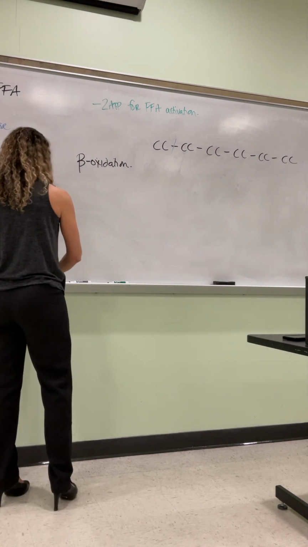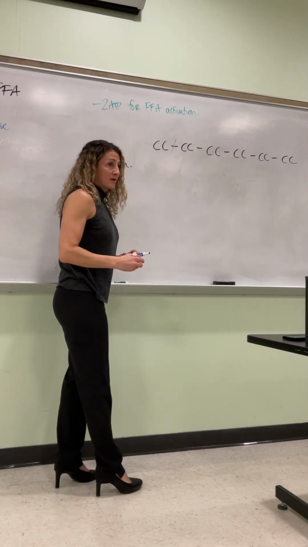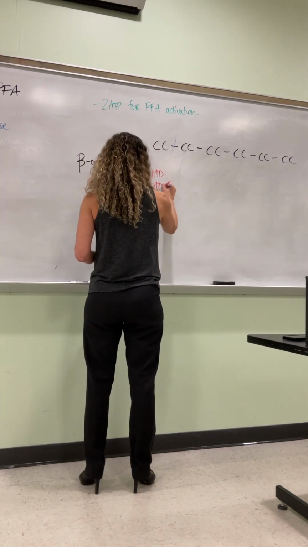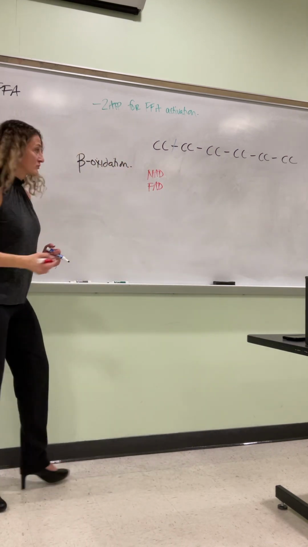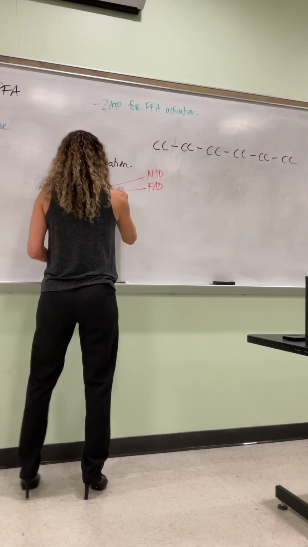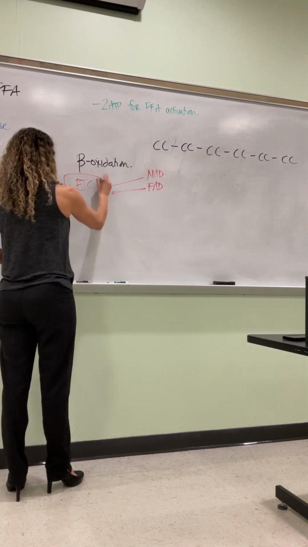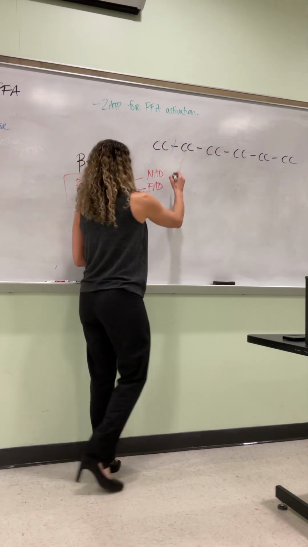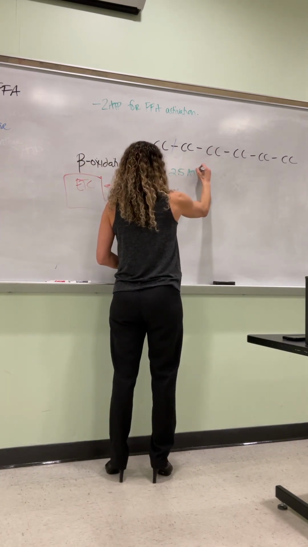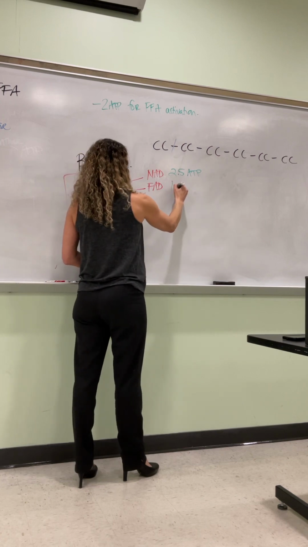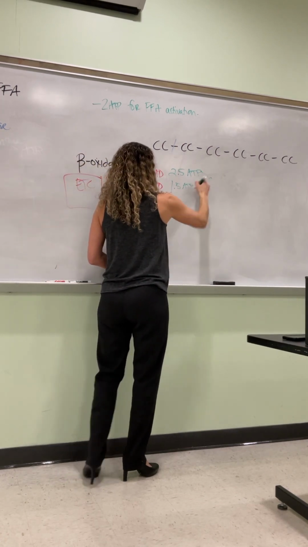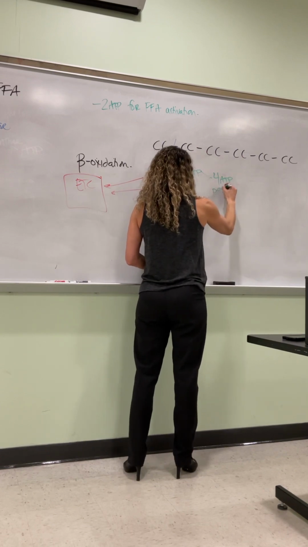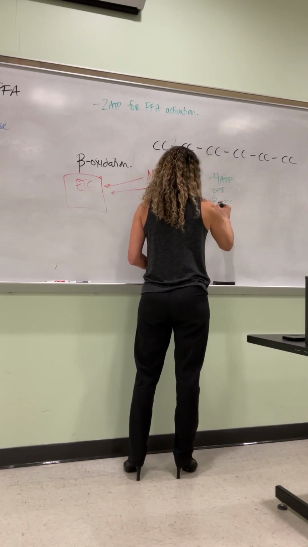So from one pass through beta oxidation, we are going to get one NAD and one FAD, picking up hydrogens and electrons, going to the electron transport chain. How many ATP will we get from the NAD? How many ATP will we get from the FAD? For a total of how many ATP? 4 ATP each time we go through beta oxidation.